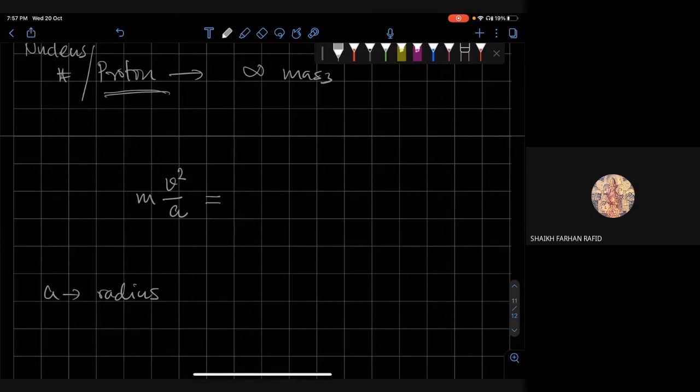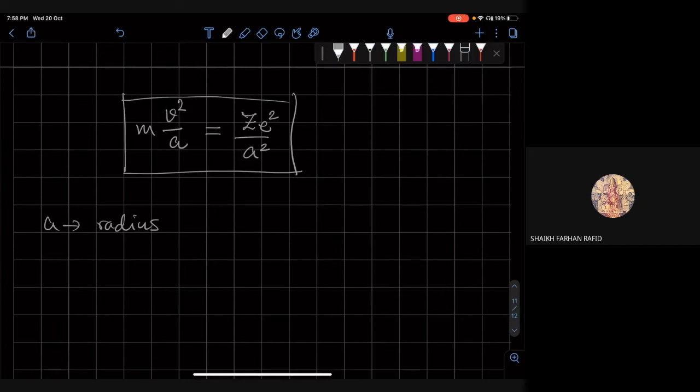And if the atom has an atomic number Z, then the Coulomb force is Z e squared, where e is the magnitude of the charge of the electron. So the electron has charge minus e, divided by a squared. Okay, so this is our simple force equation.